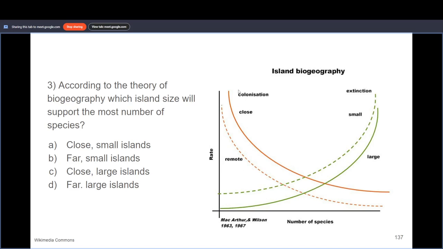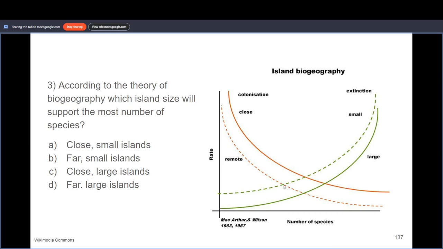Now the rate of colonization will be higher on larger islands that are closer and smaller islands also that are closer, but more in larger islands that are closer rather than smaller islands that are closer, right? Why is that so? Because they have larger areas to accommodate more individuals. And also because they have a larger area, is the rate of extinction on larger islands higher or lesser?